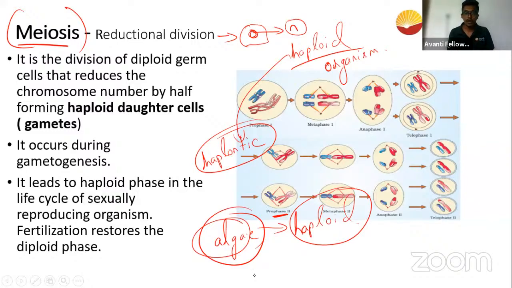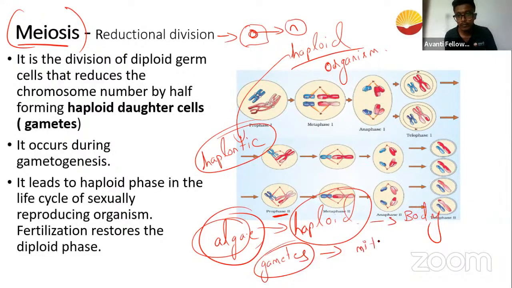If I already have a haploid body, and I have to produce gametes, what kind of divisions will I undergo? I will undergo mitosis. Why mitosis?